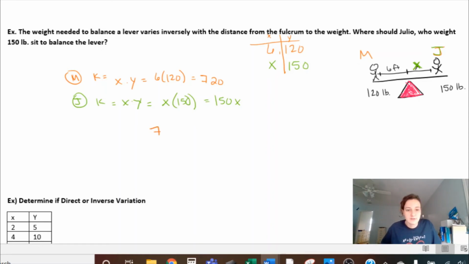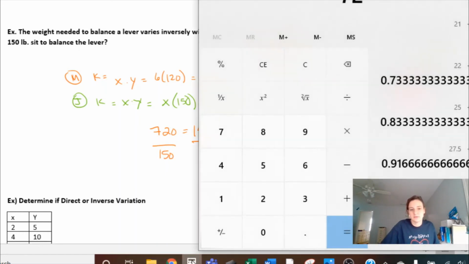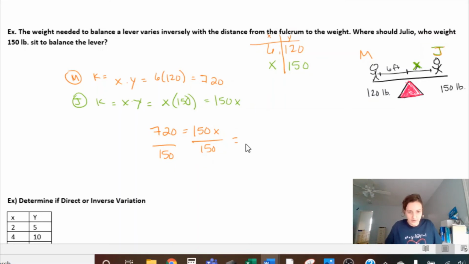So 720 is equal to 150x. Then I can divide both sides by 150. 720 divided by 150 is 4.8. So he needs to be 4.8 feet away from the fulcrum, from the center.